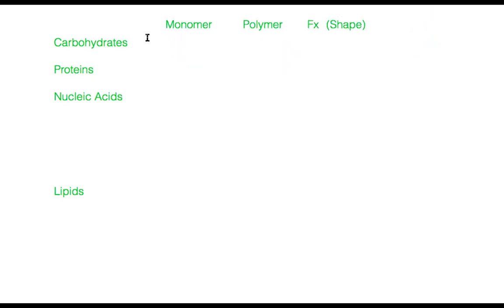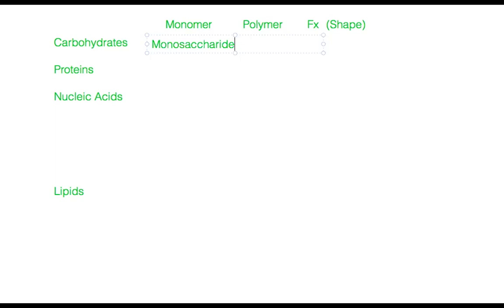Okay, so let's do carbohydrates together and just briefly make sure we're on the same page. Carbohydrates are the easiest because the words all start with either mono or poly. So the monomer, the building block of our carbohydrates, are our monosaccharides, right? Those are our simple sugars, our sucrose, our glucose. And those are usually depicted, they're easy to tell because they're in a ring structure.